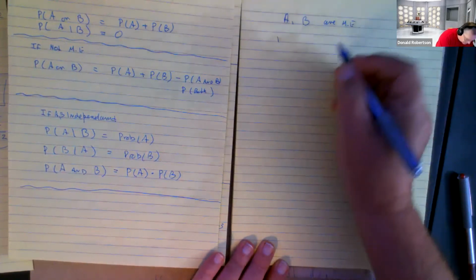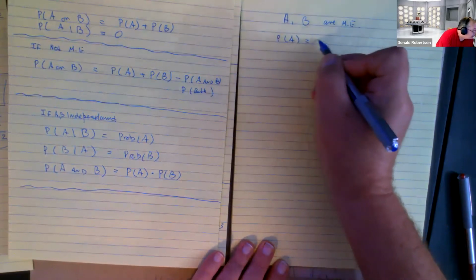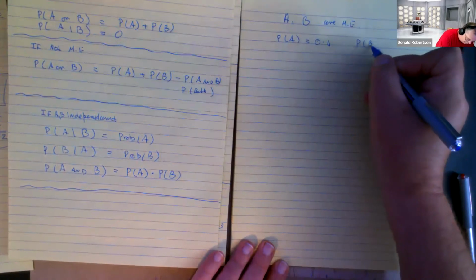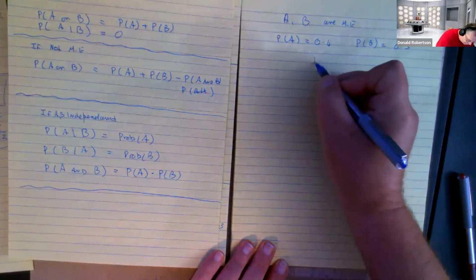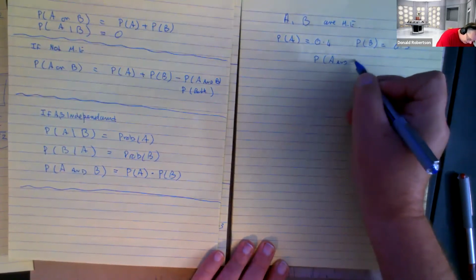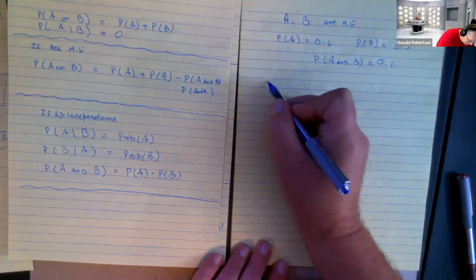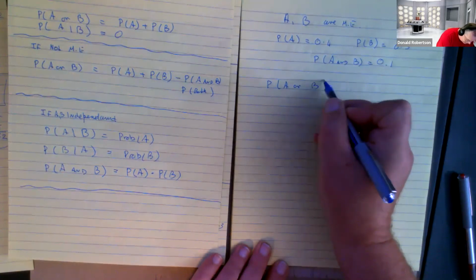And I tell you that the probability of A is 0.4 and the probability of B is 0.3, and I also tell you the probability of A and B is 0.1, then you can calculate the probability of A or B.